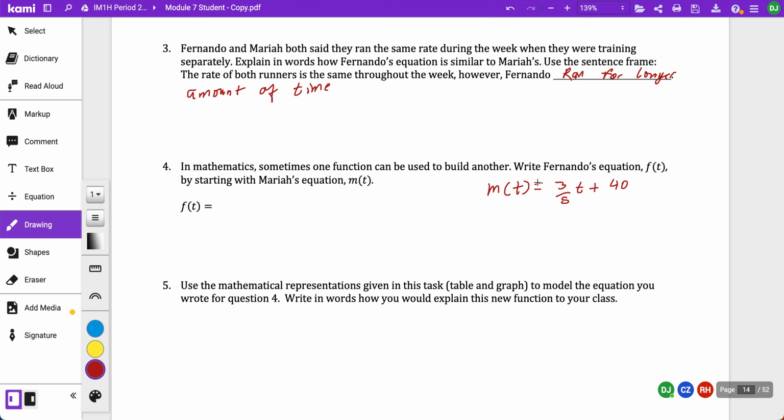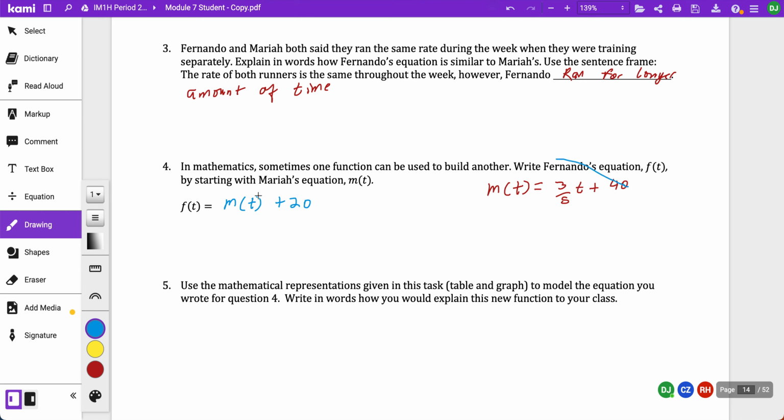Well, the difference between Mariah and Fernando is those 20 laps. So if we take Mariah's function, Mariah's distance, and add 20 to it, that will give us Fernando. Remember, Mariah's function already includes her slope, so 3 laps every 5 minutes times the amount of time, plus the 40 laps.